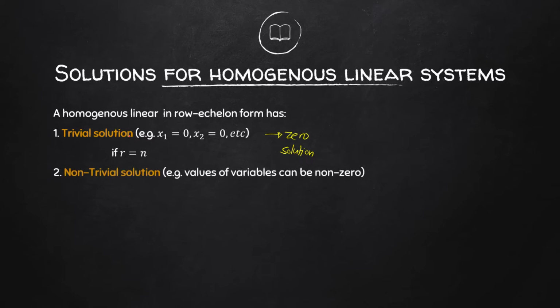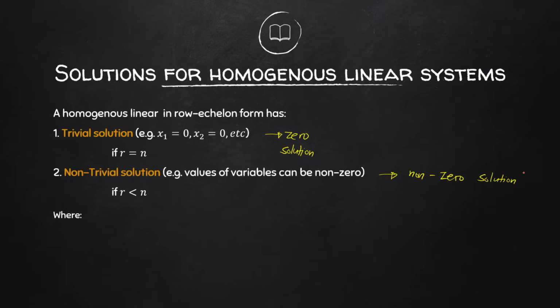Second is non-trivial solutions, wherein the values of variables can be non-zero. We can also call this non-zero solution. Now in this case, for non-trivial solutions, r is less than n.